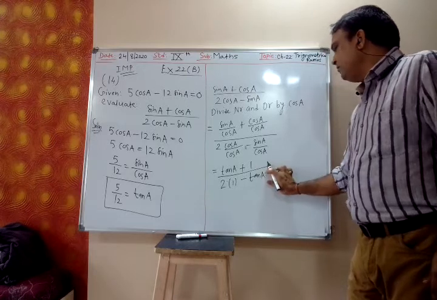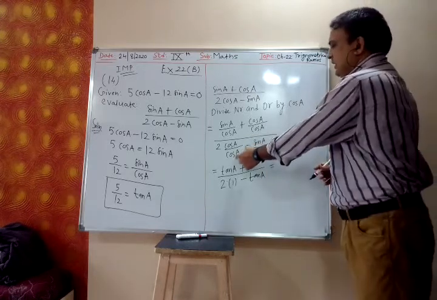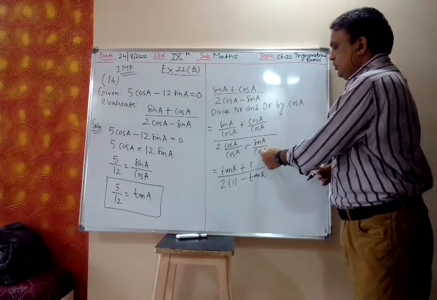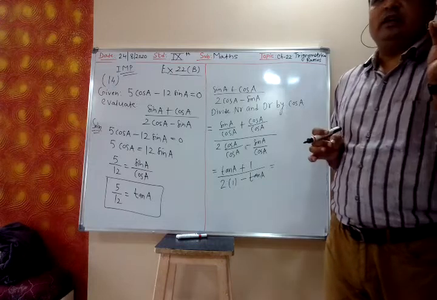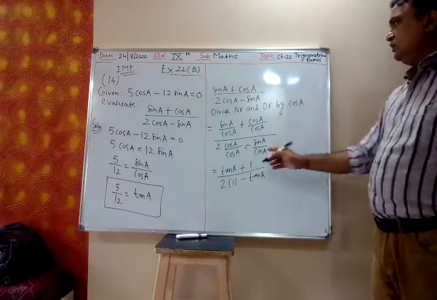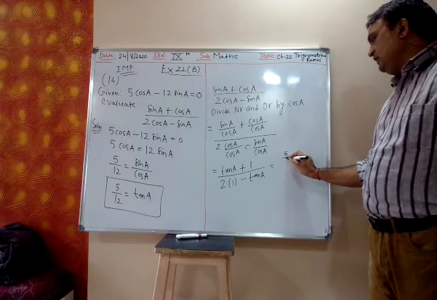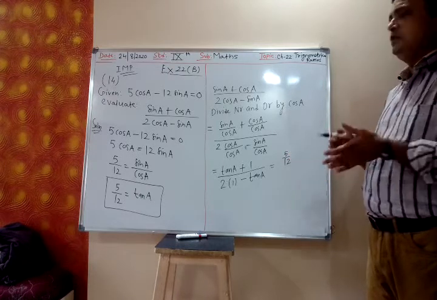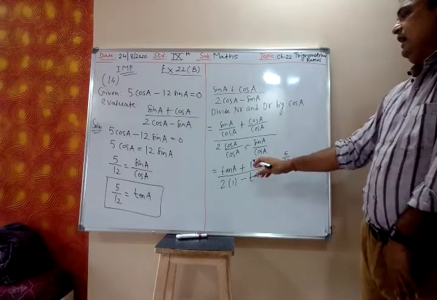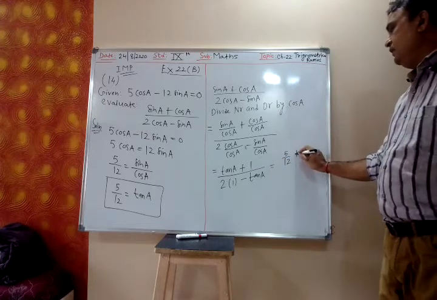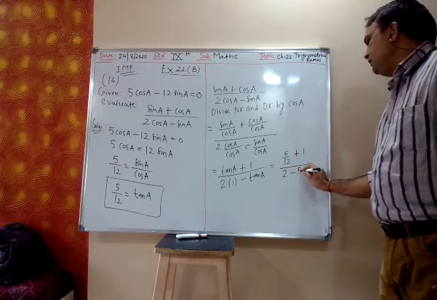Now see how cos A gets cancelled, and sin A upon cos A is tan A. We divide each term of the numerator and denominator by cos A. So tan A is 5 upon 12 plus 1, upon 2 into 1 minus 5 upon 12.